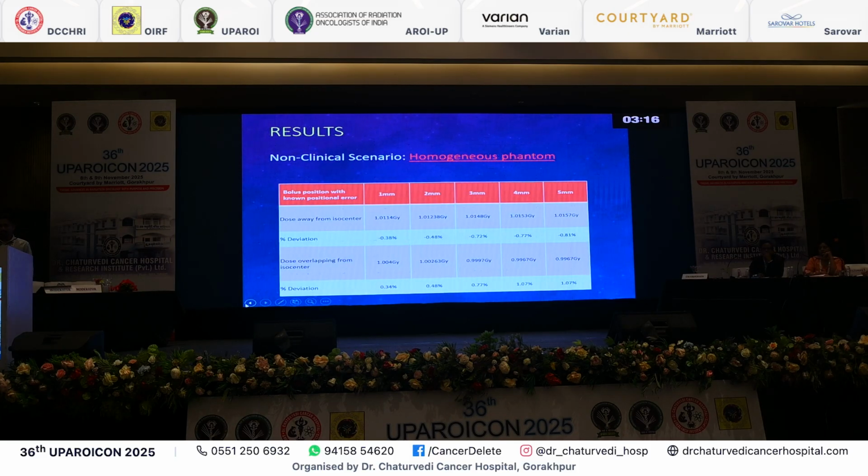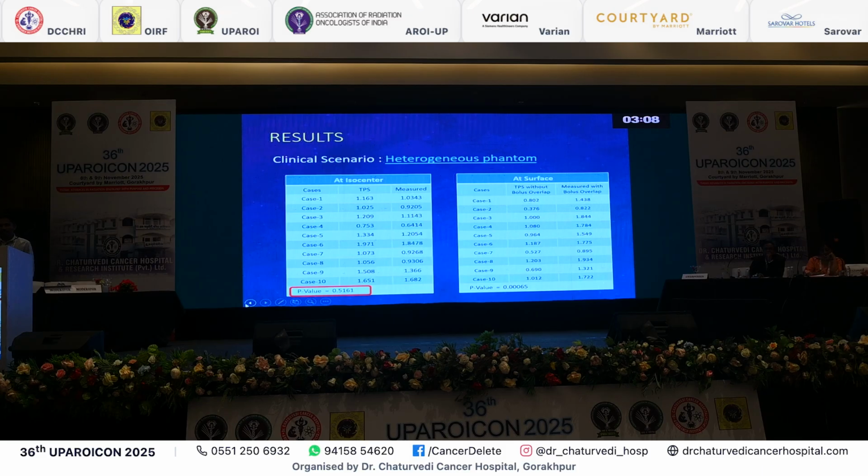From the homogeneous phantom, there was less than 2% deviation, which is not significant. From the heterogeneous phantom, at the isocenter level, no significant dose difference was observed. But at the surface, a significant difference was observed.